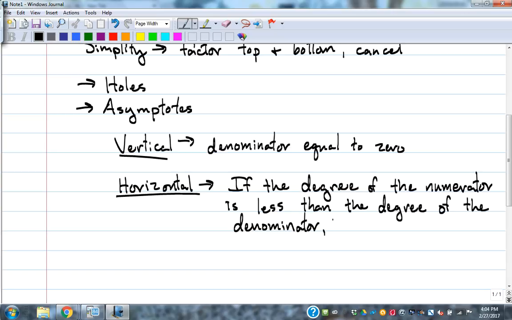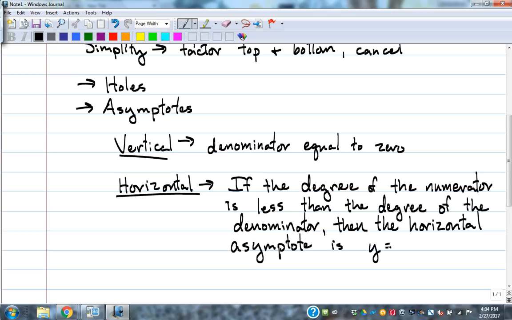If that's what's happening, the top part has a smaller degree than the bottom part, then the horizontal asymptote is y equals 0.